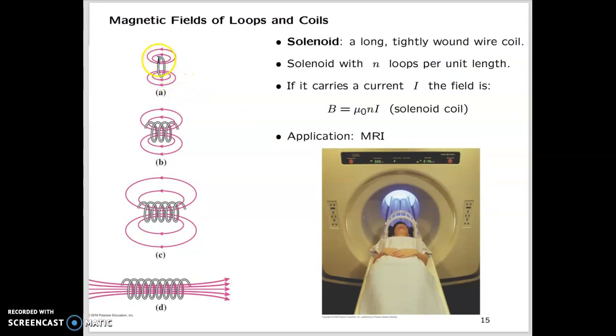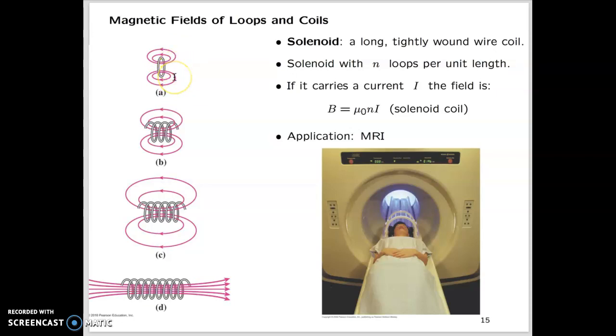If you have a loop of wire, okay, so this is not a magnetic field. Well, the pink lines are the magnetic field lines, but this loop here is a ring. So you bend a wire into a circle, you pass a current through it, and that current creates a magnetic field.